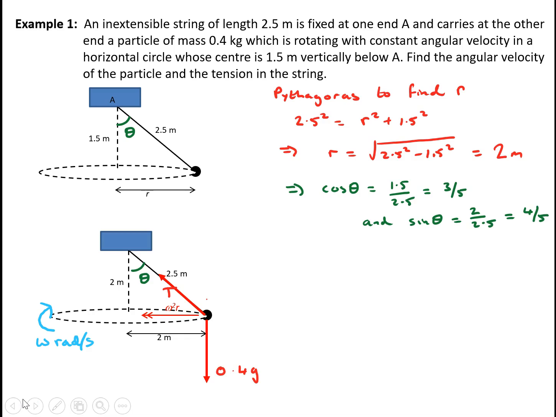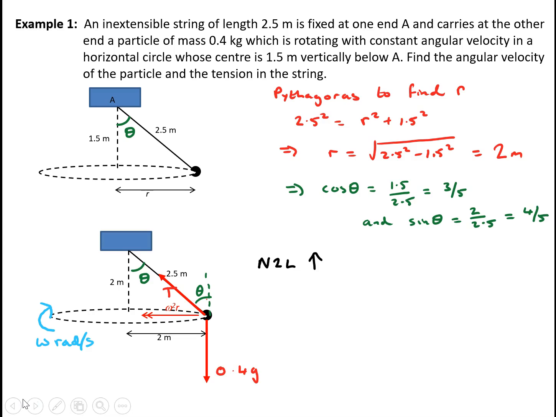So we're going to apply Newton's second law now, and first of all we will use Newton's second law vertically. So that gives me the vertical component of T, and by alternate angles we can see that the angle that T makes with the vertical is also theta, so the vertical component of T is T cos theta.